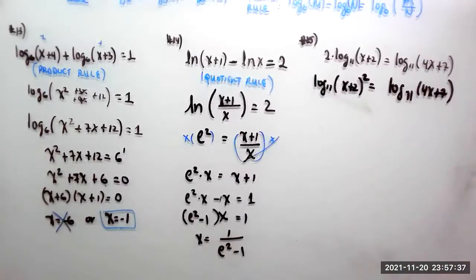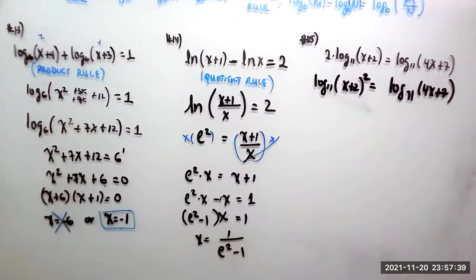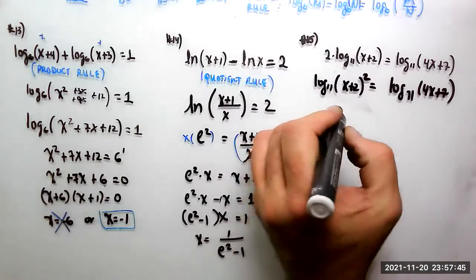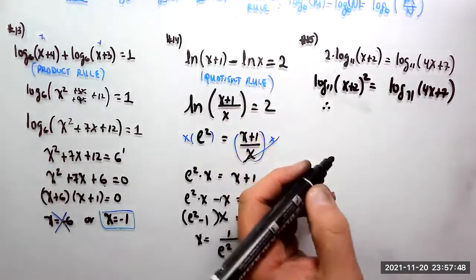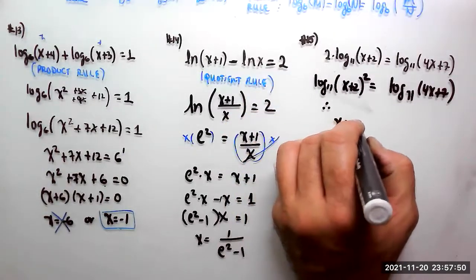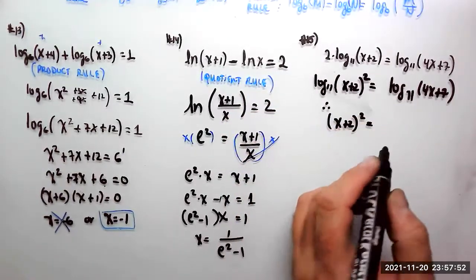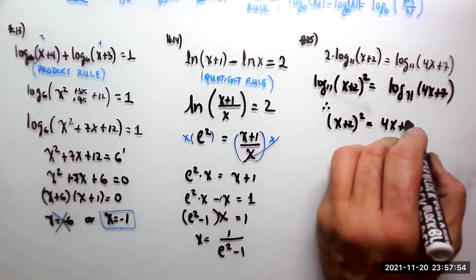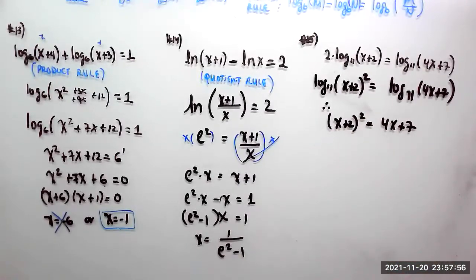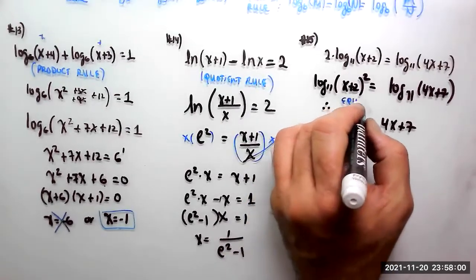The same base. That means that the arguments must be the same. So what can we conclude here? That x plus 2 squared equals 4x plus 7, as per the equality rule.